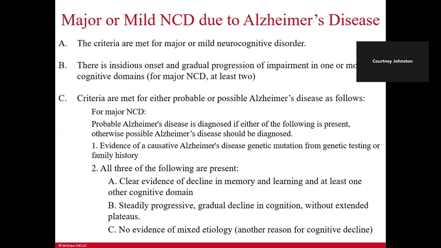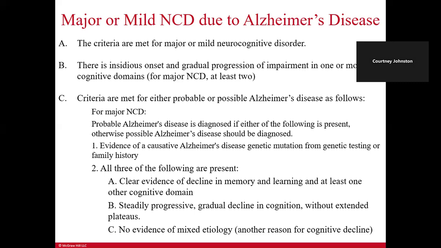And there's no evidence of a mixed etiology, which could be another reason for a cognitive decline. So possibly there is another type of specifier at play, and it's not just Alzheimer's. So maybe it's an absence of other degenerative disease that could be playing a role in this.